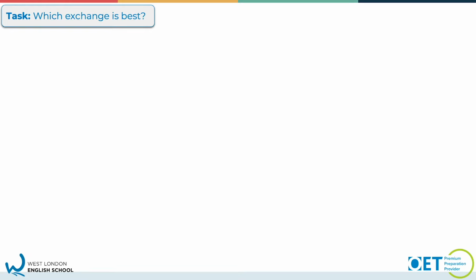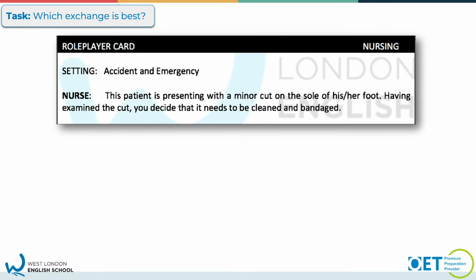Okay, guys, what we're going to do, we're just going to look at a short opening exchange. We're going to look at 3 different possibilities. What you've got to decide is which is the best way to open the role play. So, first of all, this is some context. You can see you're in A&E, accident and emergency.